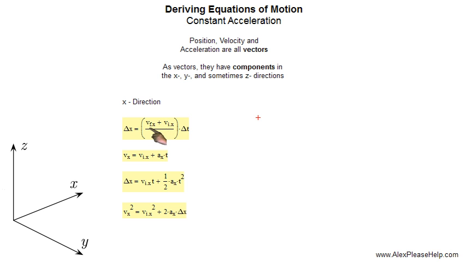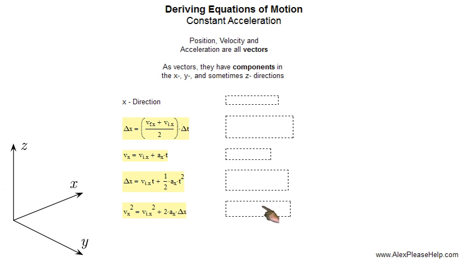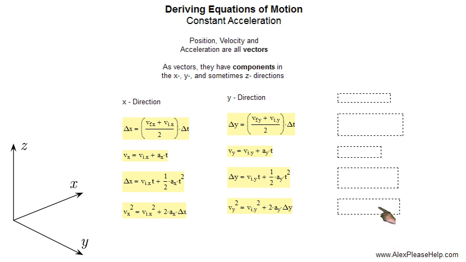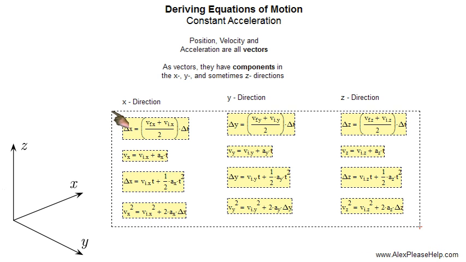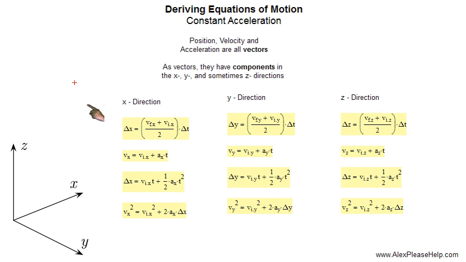Notice the subscripts, v final x, v initial x, ax. You have to do that for the y direction and the z direction. You have v initial y, ay, delta y, v initial z, az, delta z. Vectors have components. Very important. This set of equations will govern pretty much all of the motion in physics, assuming constant acceleration.